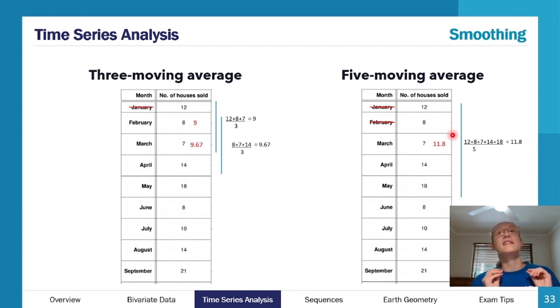The idea of centering is how we get it back to the center. To get the 2 mean smooth centered point for February, I'm going to average this halfway value with this halfway value. So I'm going to average 10 and 7.5, and that answer is going to be our 2 mean smoothed value with centering.